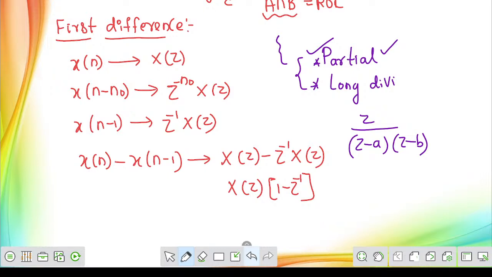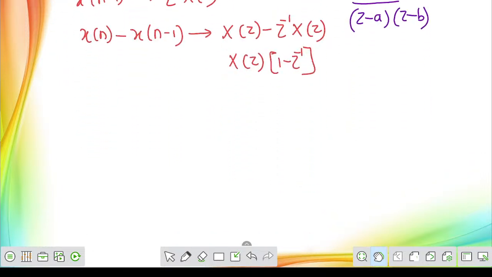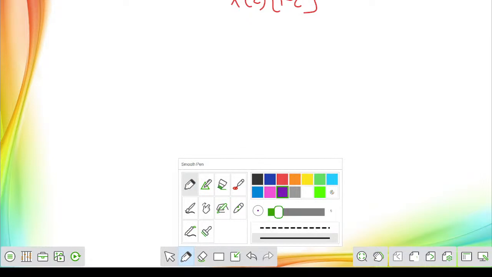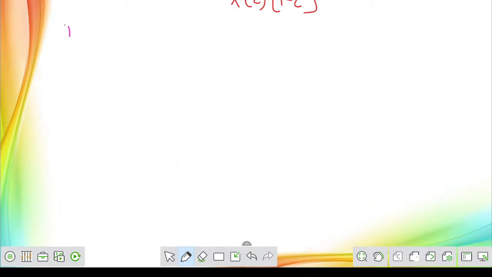How should I do this, sir? While applying inverse Z transform, the important thing you must carefully observe is this. Let us assume X of z equals z upon z minus a into z minus b.